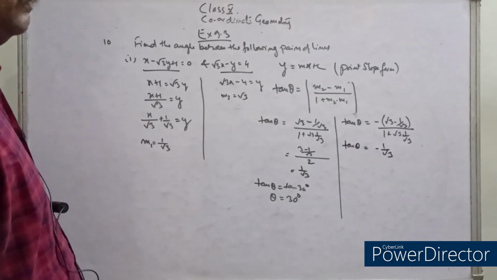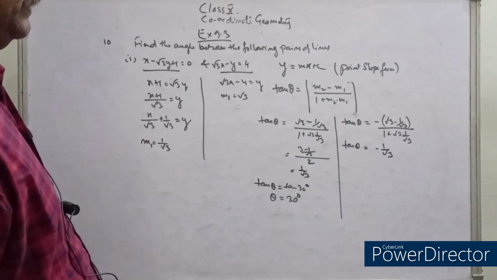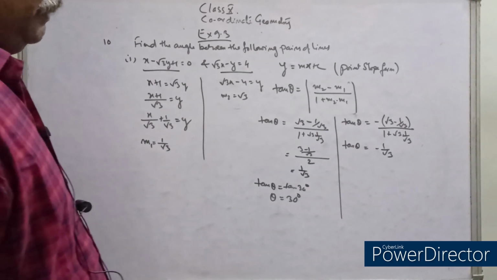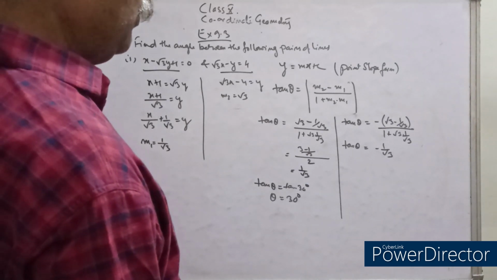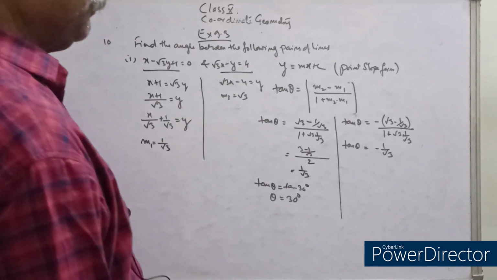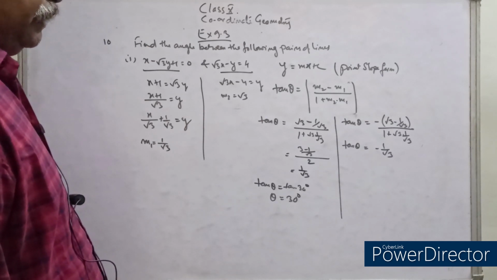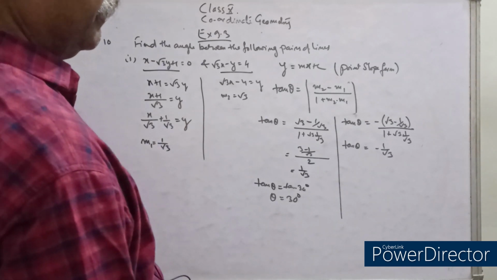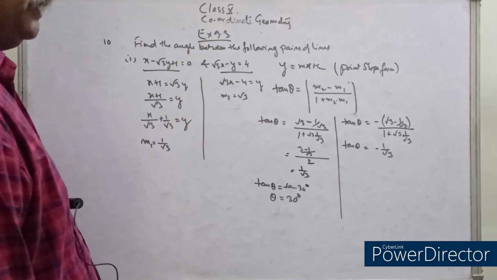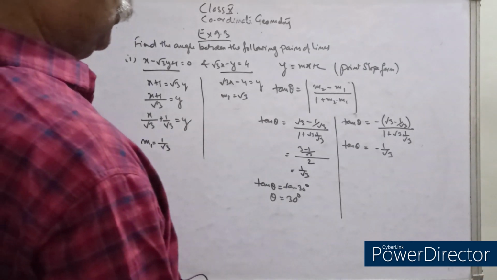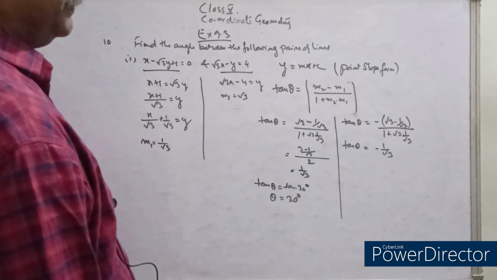So we know that the value of 1 by root 3 comes when tan is 30 degree, tan 30 degree its value is 1 by root 3. But as it is minus, that means second quadrant.